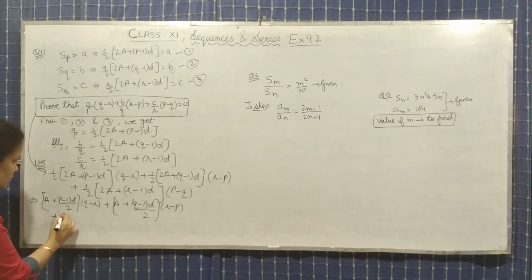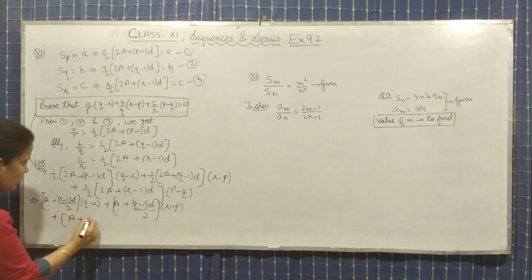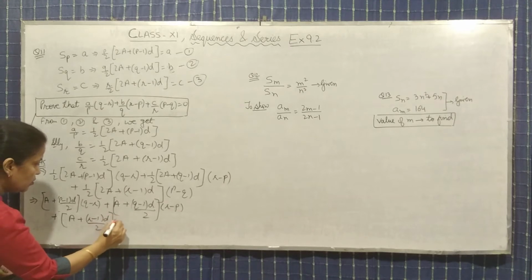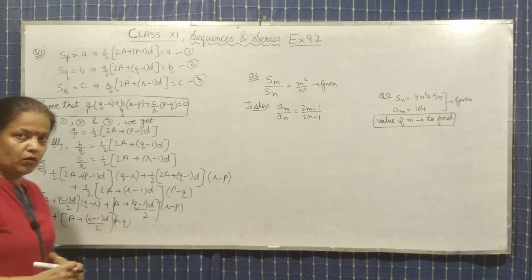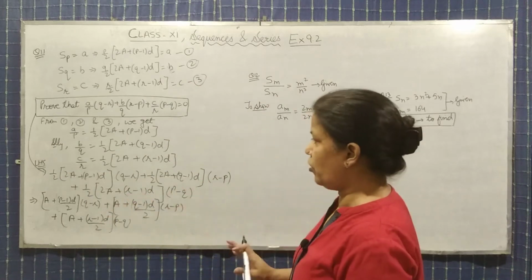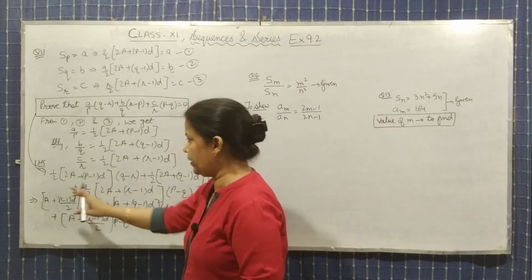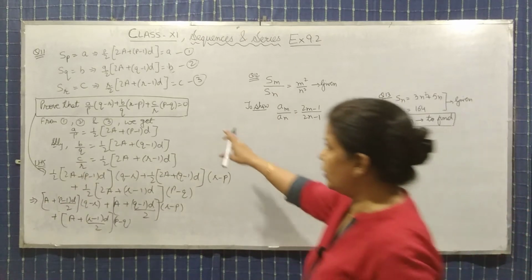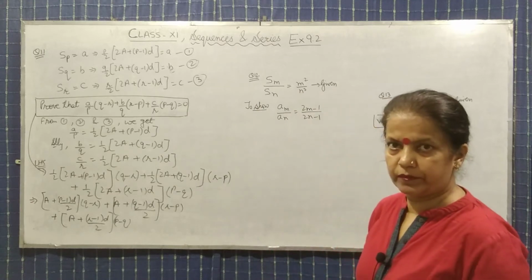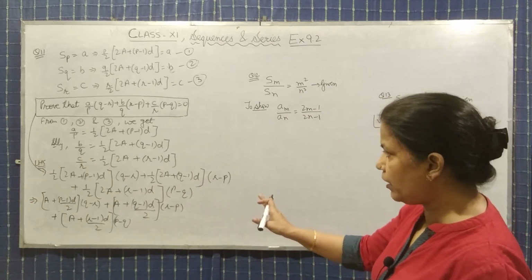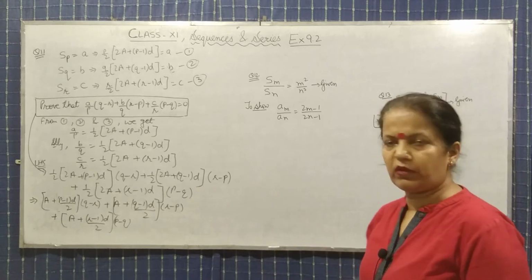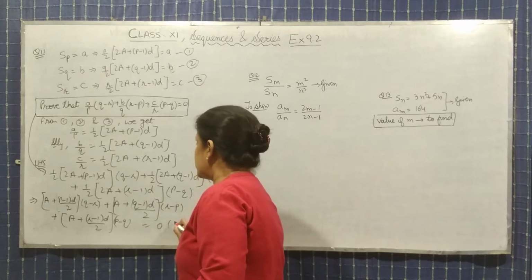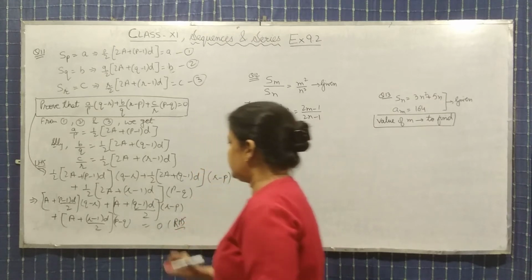Plus (a plus (r minus 1)d upon 2) into (p minus q). Now open the brackets, and after solving it further you will get the result, which equals 0. Is it clear? So solve it yourself to get the answer. All the terms will cancel out and this will come as 0, which equals the RHS. Clear?